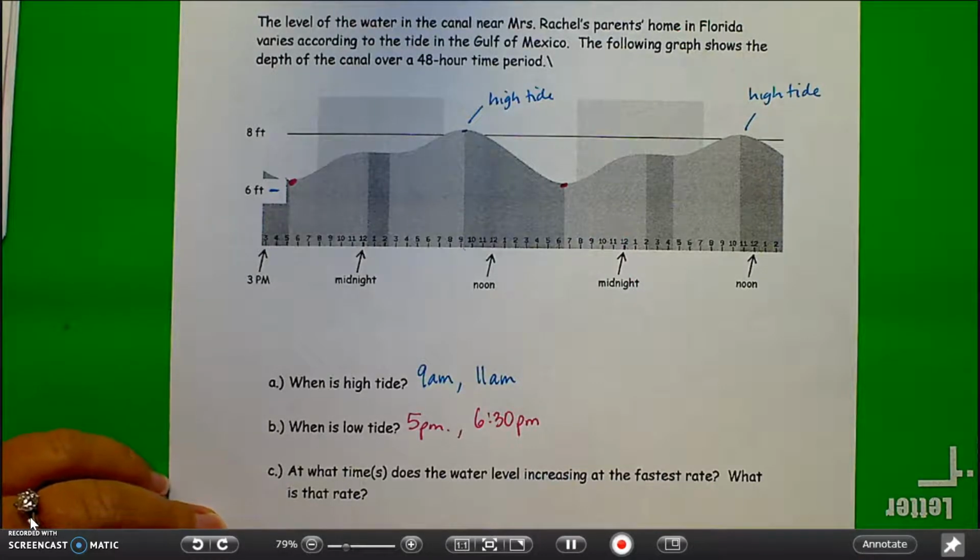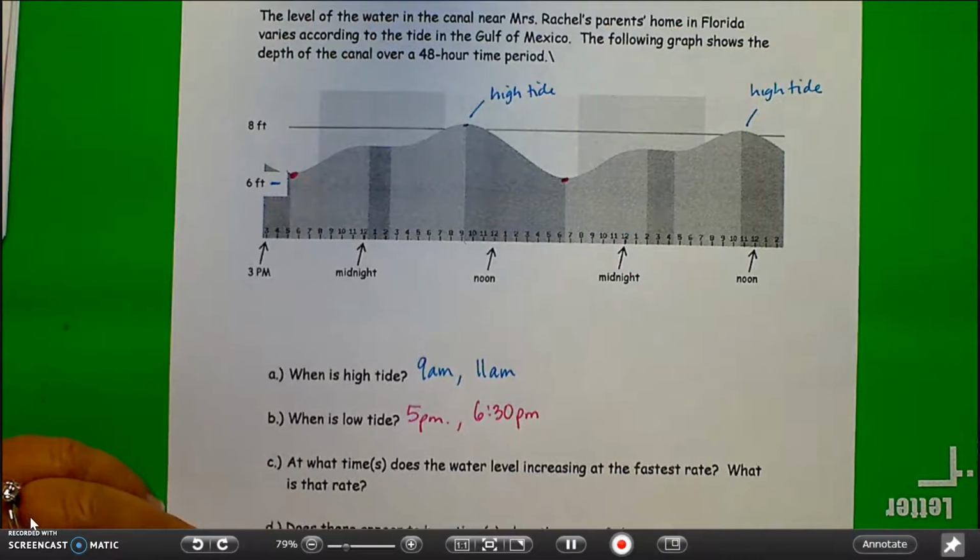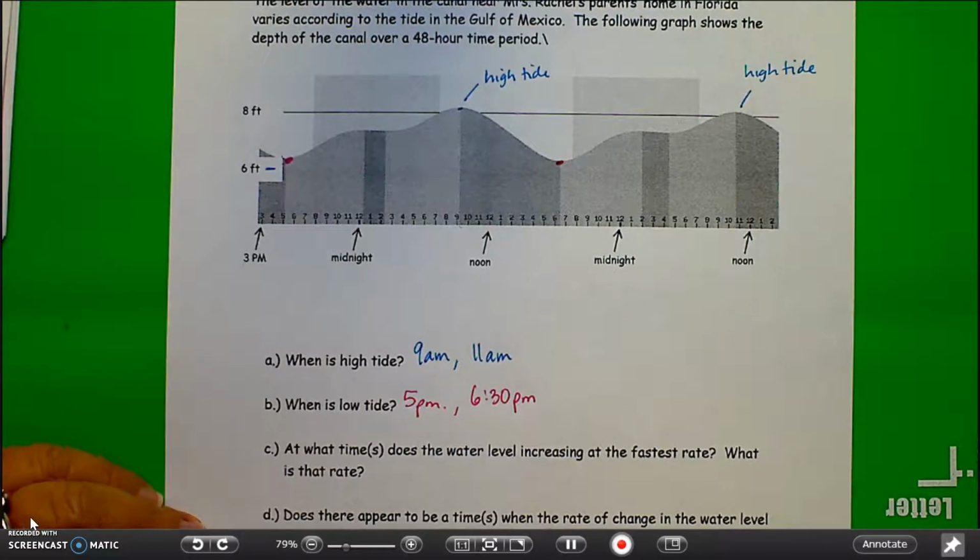So your next question is, at what time does the water level increase at the fastest rate? What time does the water level increase at the fastest rate? So the rate of change on a secant line or the rate of change on a tangent line is simply the slope. So we want to know, where do we have the biggest slope, the fastest rate of change?